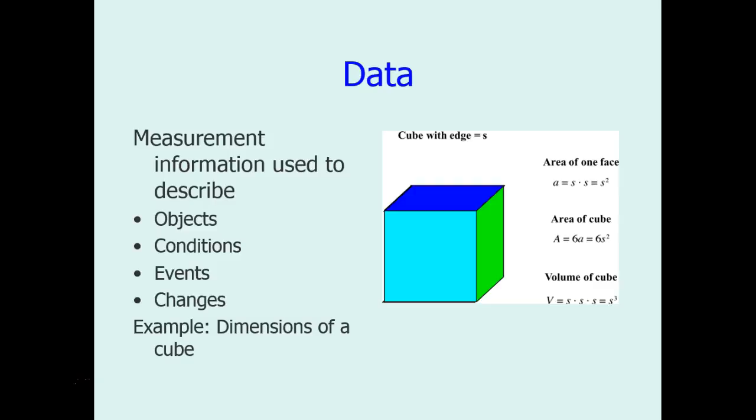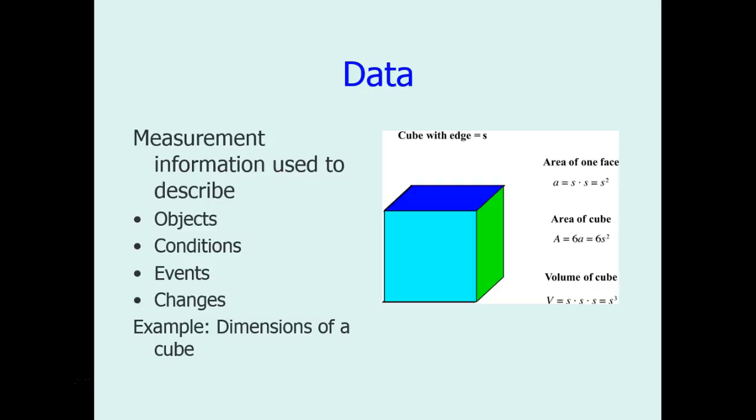Let's go over here. I should have done this one first. Measurement information is used to describe the object, the conditions, like the temperature outside or the wind speed outside. Events, like how long this class lasted, very short. We could talk about changes.